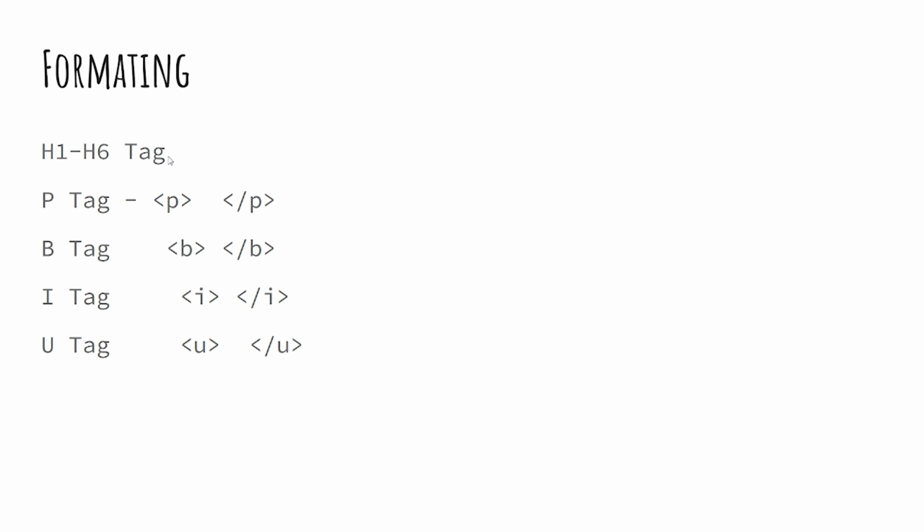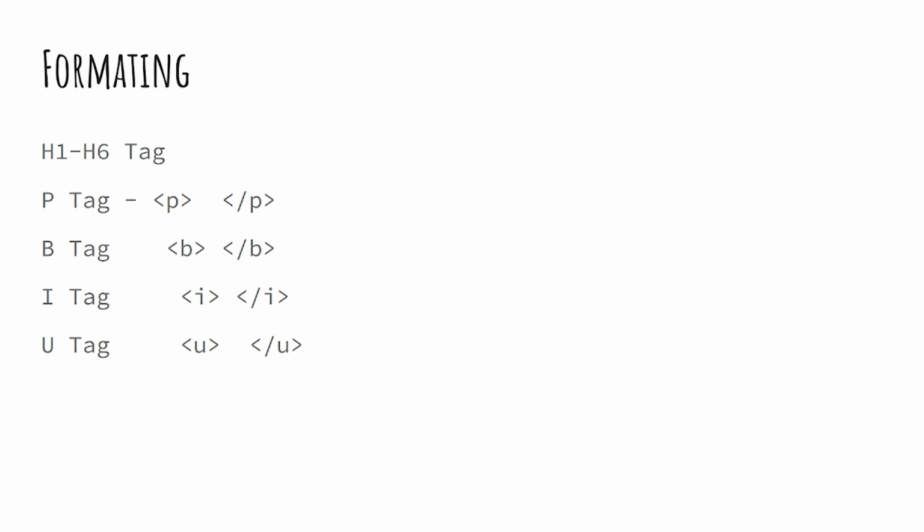To differentiate the headings in the web page, we can use the tags called H1 to H6. There are 6 tags: H1, H2, H3, H4, H5 and H6. So H1 will give the bigger heading when we compare it to H6.